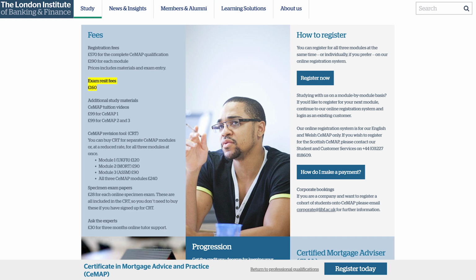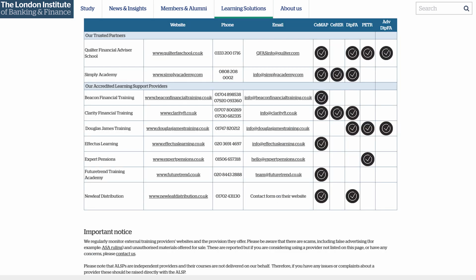Alongside this, there are optional costs like the CeMAP revision tool, which for Module 3 is £90, or for all 3 CeMAP modules is £240. Other optional costs include specimen papers at £28 per paper, Ask the Expert, which is an online tutor support at £30 for 3 months, and finally, accredited learning providers, where the price can vary depending on the provider.